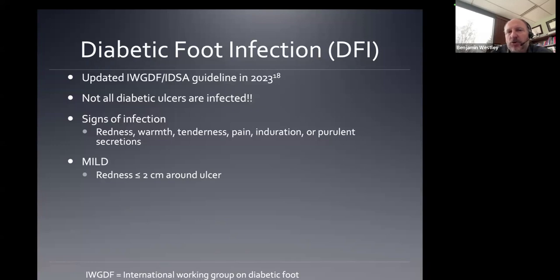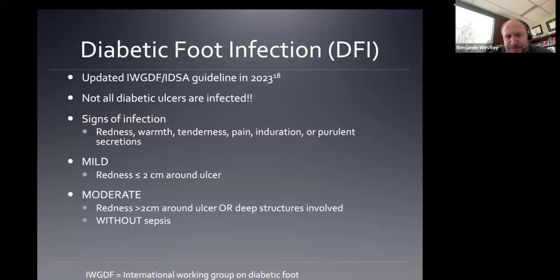We're talking about an ulcer, so a diabetic foot tissue breakdown with active infection around it. So we categorize these as mild, which is if there's redness less than 2 centimeters around the ulcer. So if you have an ulcer in the subcutaneous tissue only that has less than 2 centimeters of redness around it, that would be a mild disease.